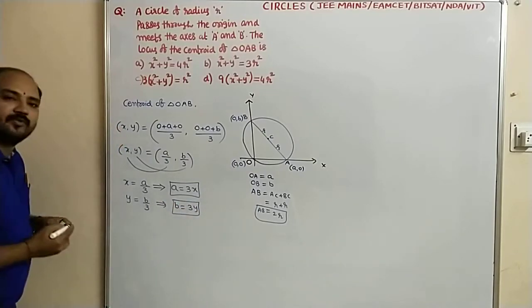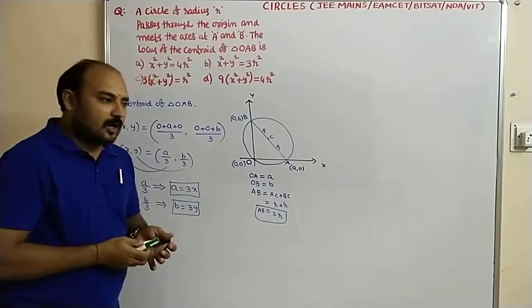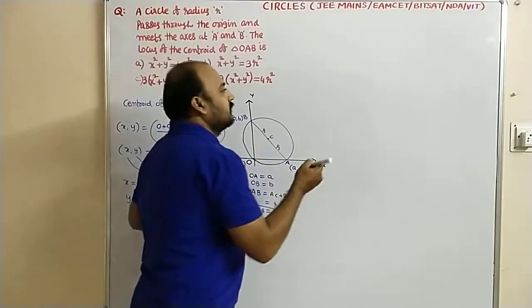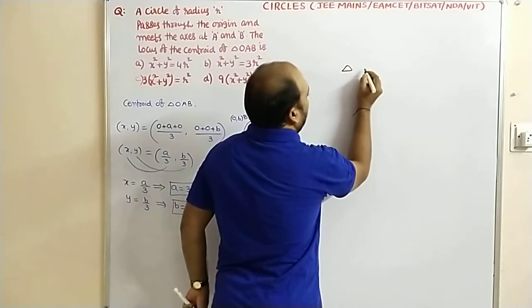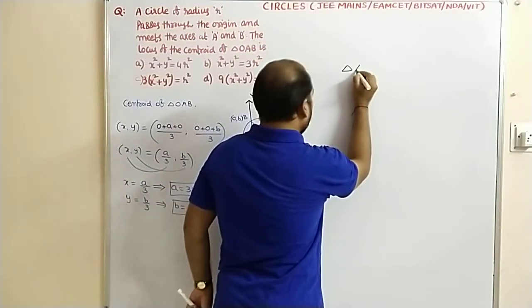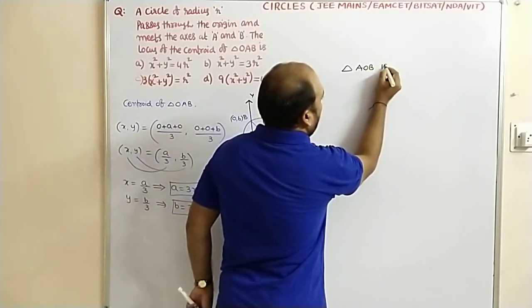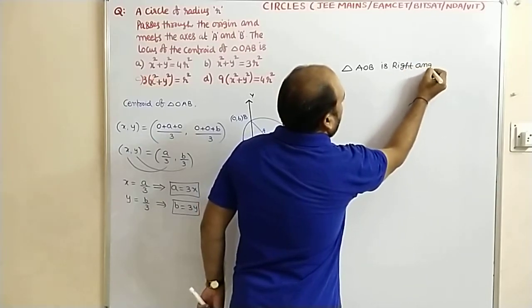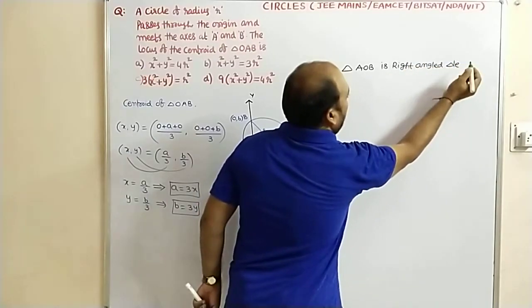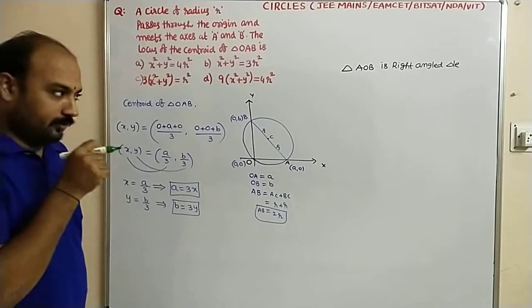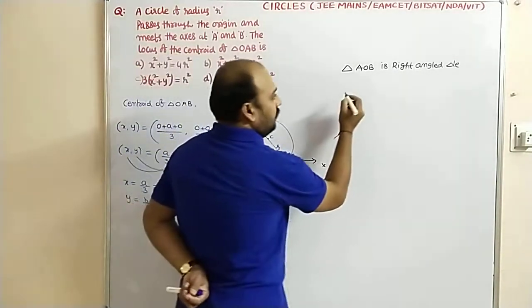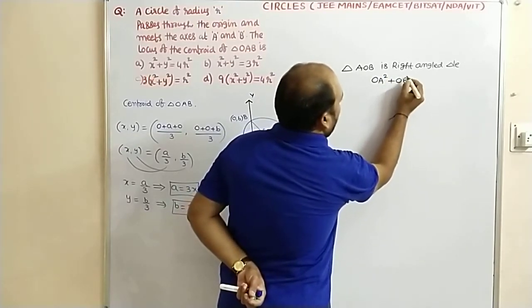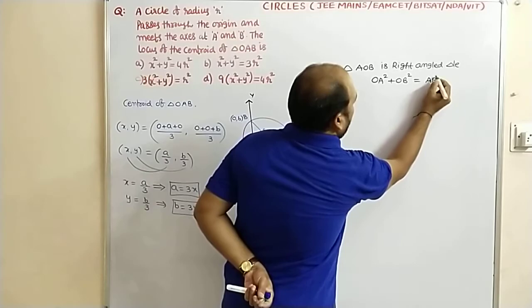After getting the values of a and b, observe that triangle AOB is a right angle triangle, so OA square plus OB square is equal to AB square.